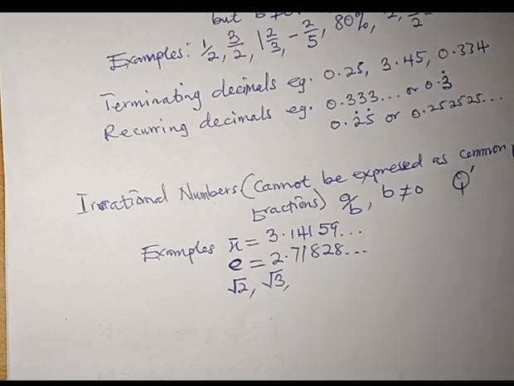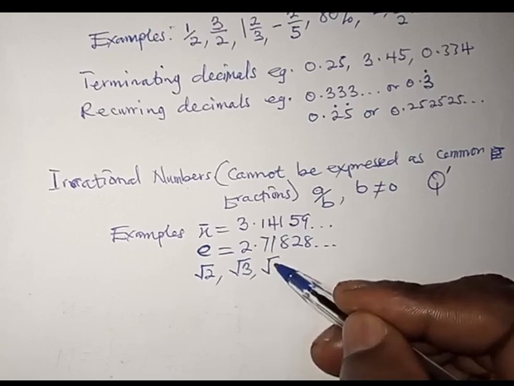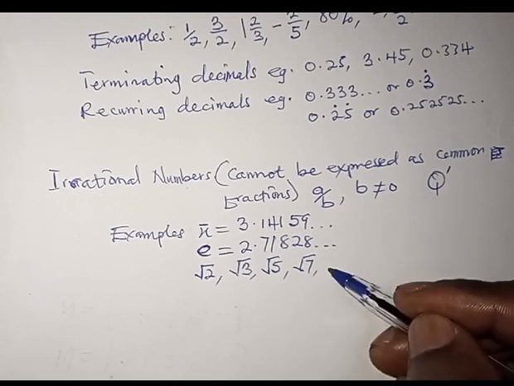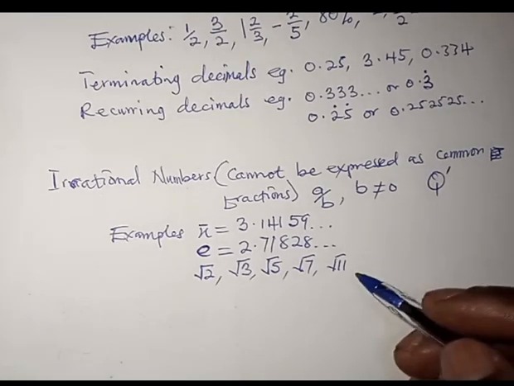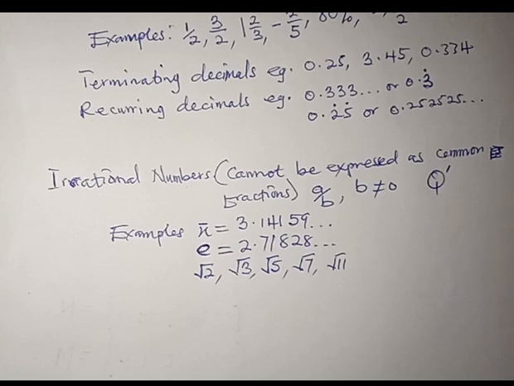We know that prime numbers start from 2, we move to 3, 5, 7, 11, 13, 17, 19, and then we move on. So if the square roots of these numbers are irrational, then let me add more. All these are examples of irrational numbers. We can list more. Okay, good.